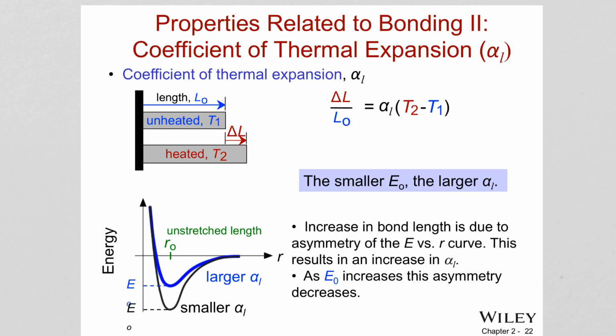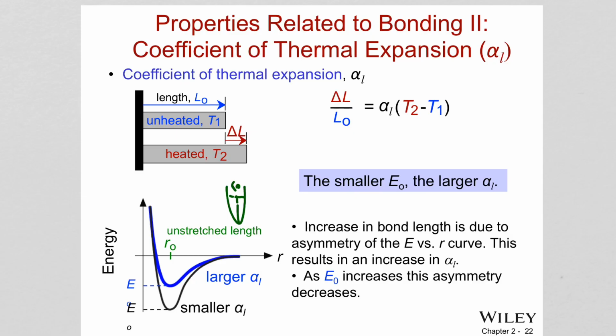And this is because the energy curve is asymmetric, actually, when during the expansion the atomic separation distance increases. Because if it was symmetric, think about it, if it was like this, then the average interatomic separation distance would always be R0.